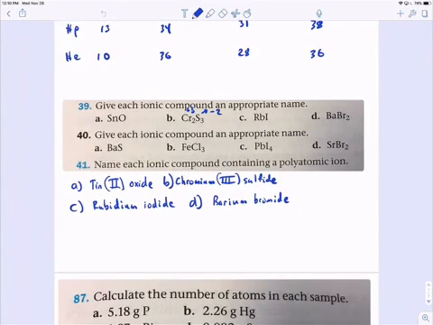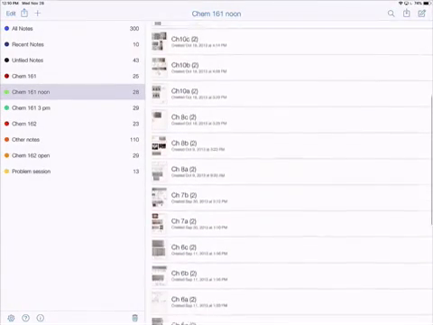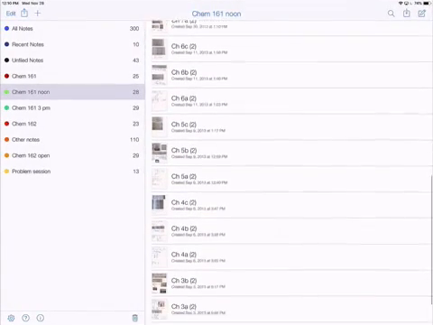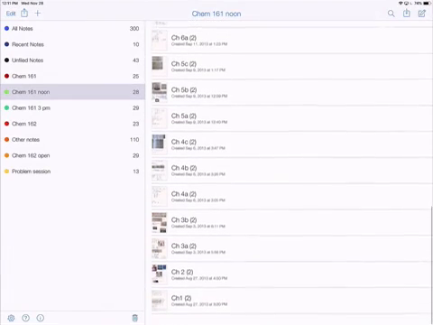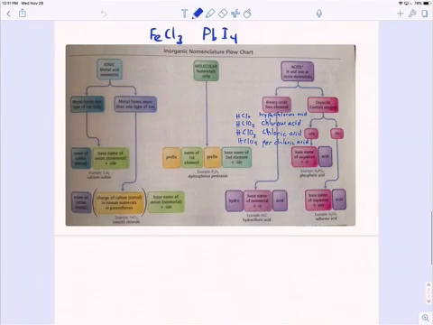BaS and SrBr2. Was that the last one? Okay.